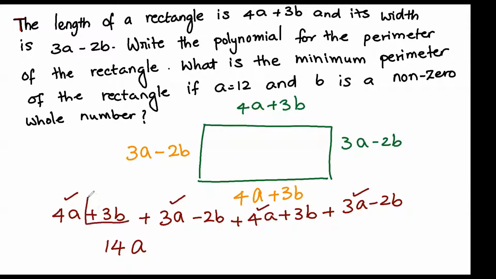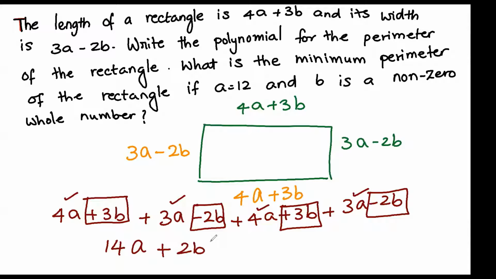So I have plus 3b minus 2b plus 3b minus 2b. So 3b minus 2b, that's going to be 1b. 1b plus 3b, 4b. 4b minus 2b is going to be positive 2b.